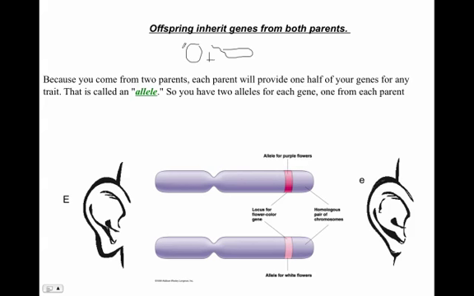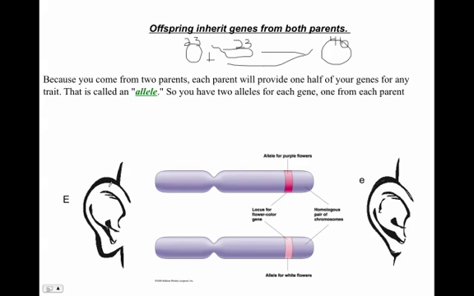Sperm have half the chromosomes, 23, and eggs have 23, and when they fertilize, you get a cell with 46 chromosomes in it. And so here's how that works.